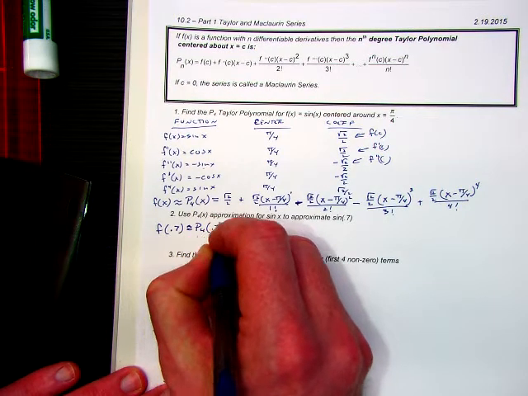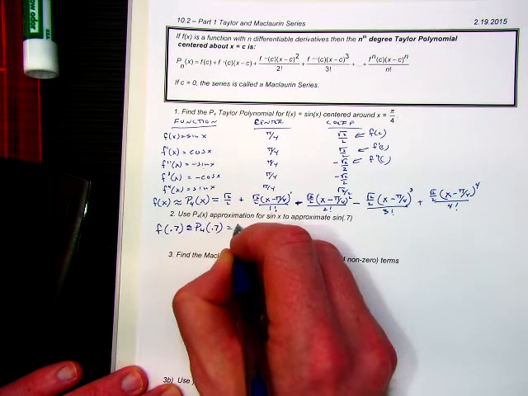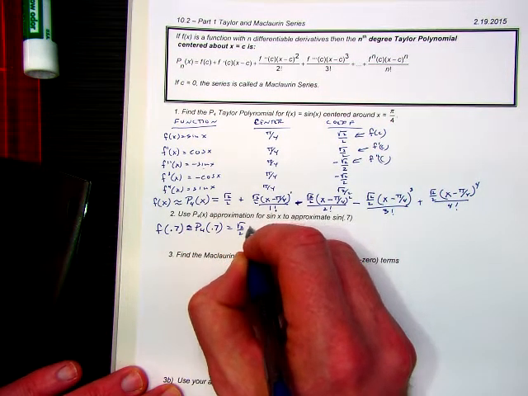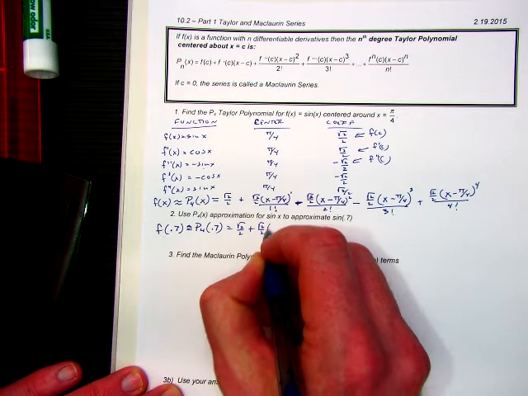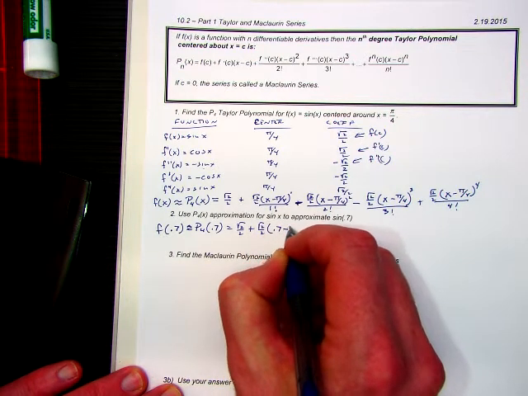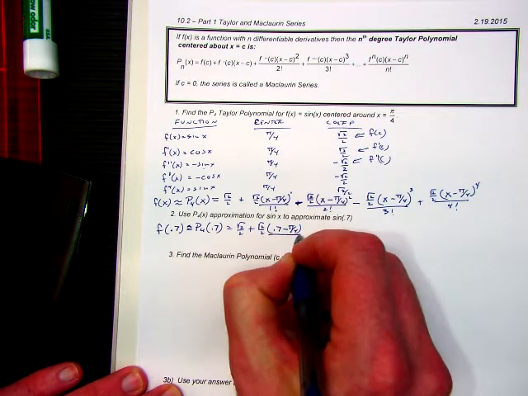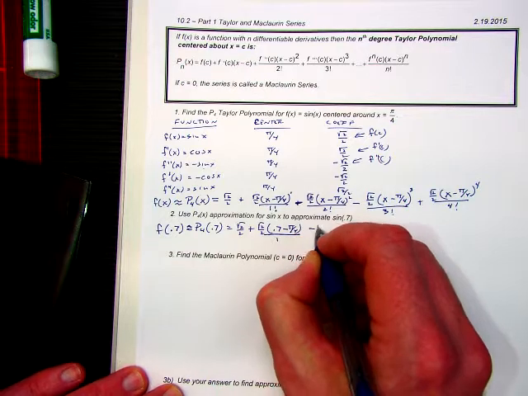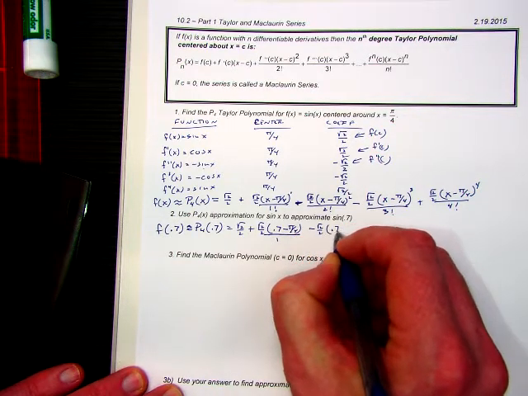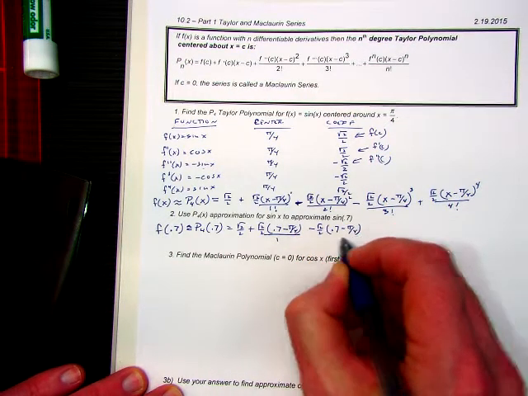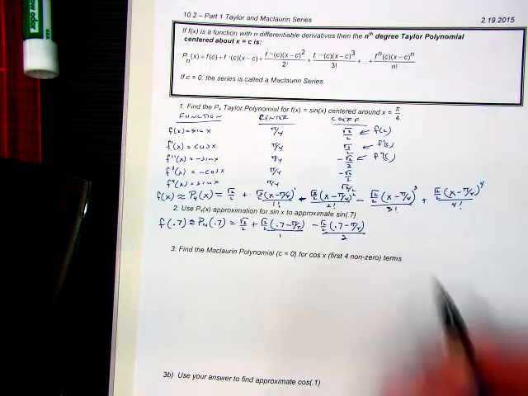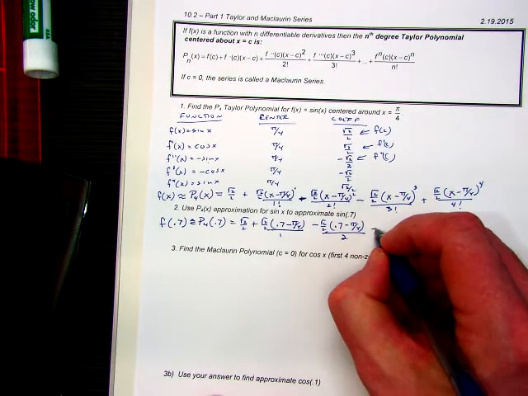Yes, it is important to write all those. That is root 2 over 2 plus root 2 over 2 times 0.7 minus pi over 4 over 1 minus root 2 over 2 times 0.7 minus pi over 4 over 2. I am going to simplify the factorials at this point.